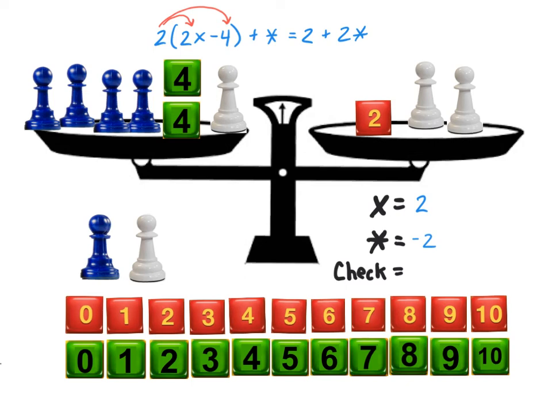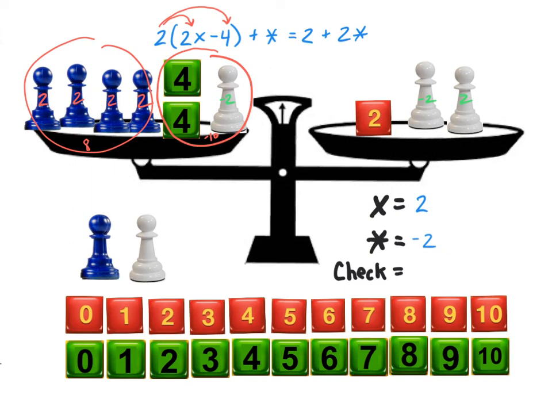Okay, now we're ready to substitute our values for our pieces. X had a value of positive 2, and star had a value of negative 2. So all together on the left hand side, we have negative 10 right here, and then we have positive 8 right here.